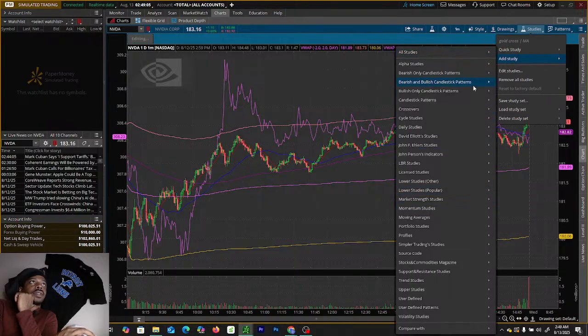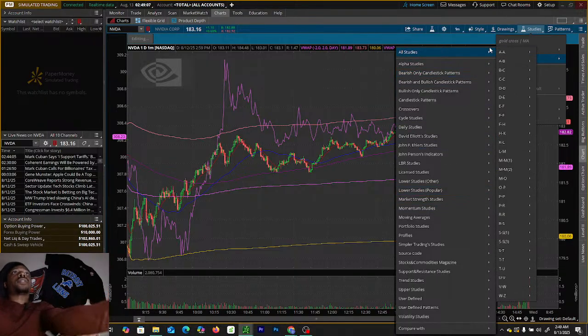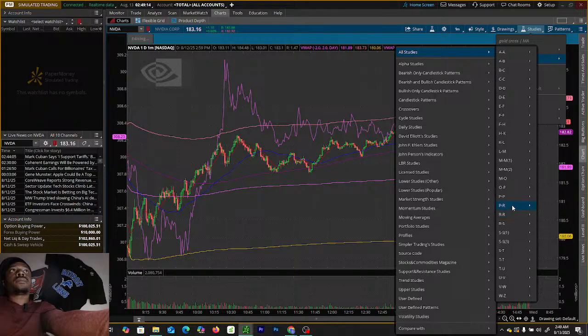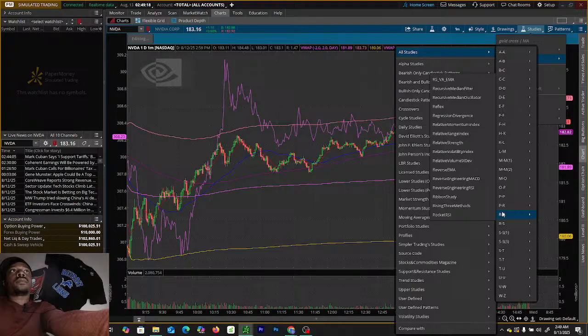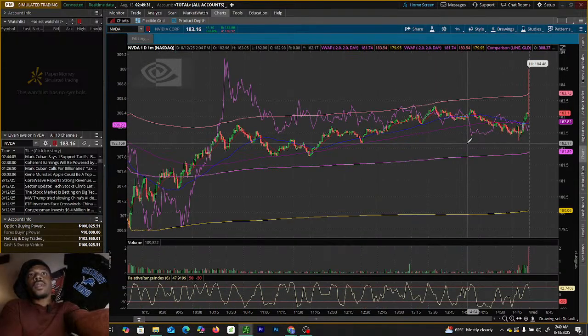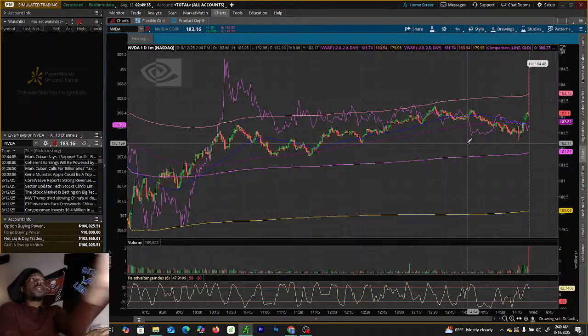Oh, I see how hard this is. One second. And with the index, relative strength index. All right, this works. So right now, this tells us the video is overbought.